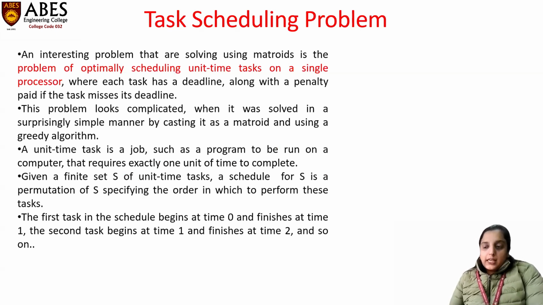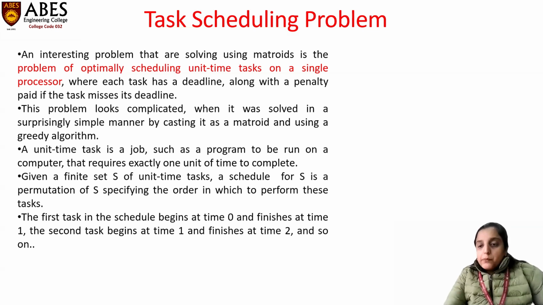Task scheduling problem says that if you are given some n number of tasks for the day, and with each task you are given a deadline, meaning by when you have to complete that task, and along with the deadline there is one more parameter, that is penalty. It is also given to you with every task.